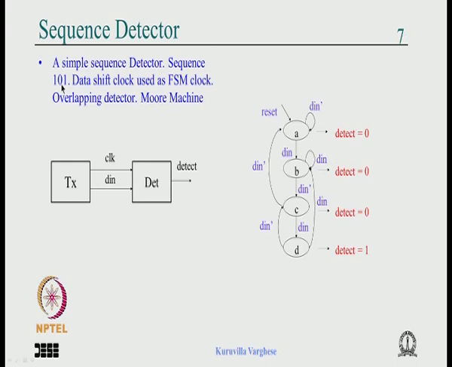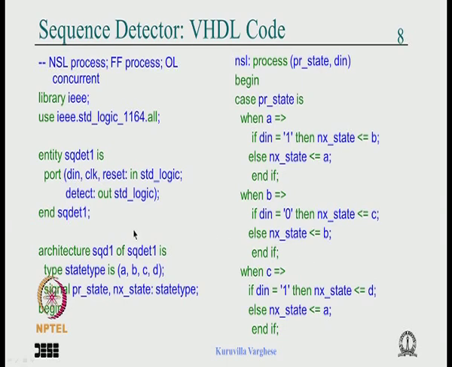That means, like in the case of 101, you have a 01 here, then the 3, 4, 5 also form a detector sequence, and we have seen the state diagram and the coding. The main thing is that the library and most tools allow you to define an enumerated data type for this, and define the present state and next state as that type.